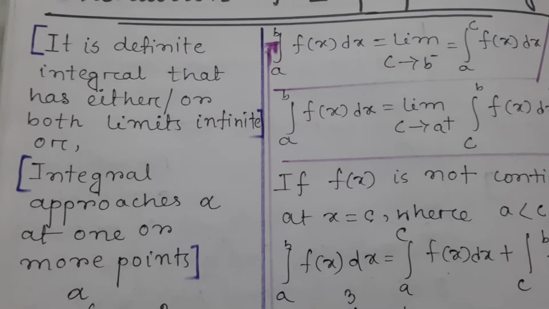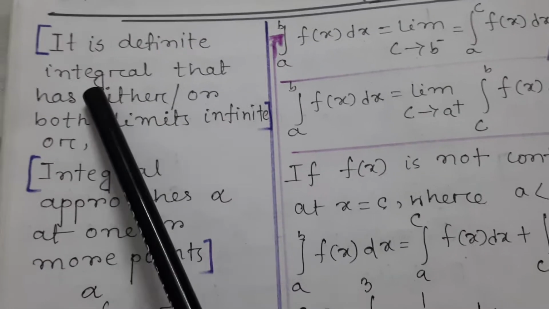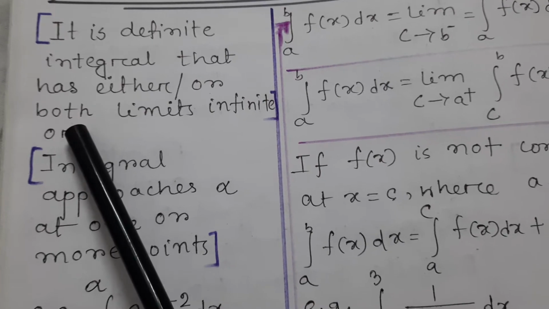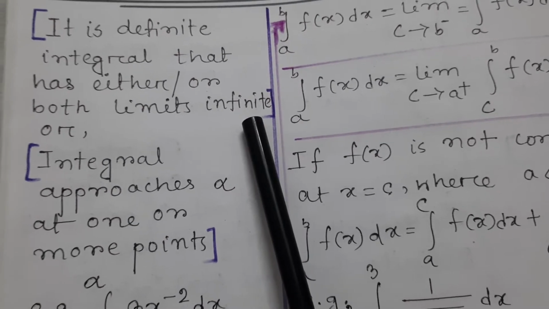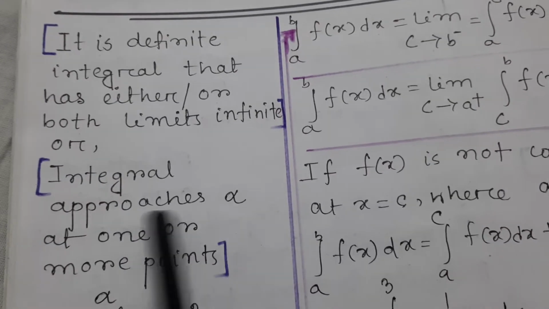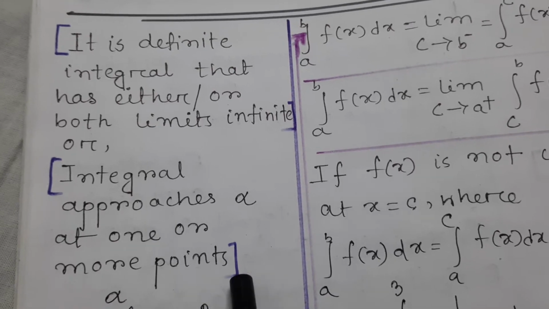Okay. So first, the definition. It is a definite integral that has either or both limits infinite, or the integral approaches infinity at one or more points.